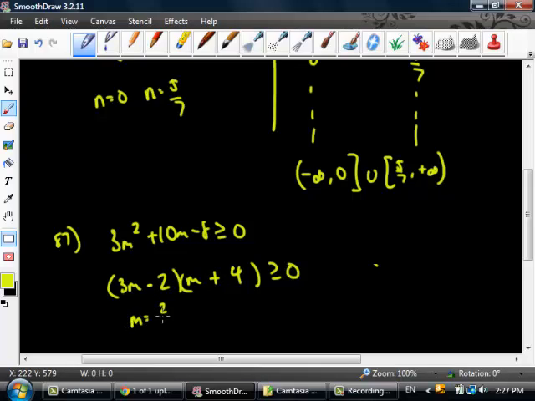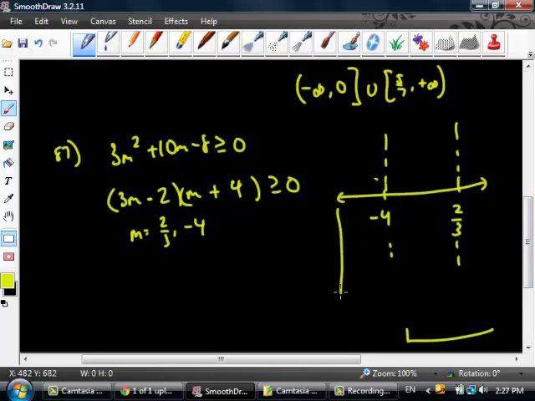So m equals 2/3 and -4. Those are my critical numbers in this function, so it's going to be -4, 2/3. That's going to be 3m minus 2, m plus 4. So I need a number smaller than -4, so that's going to give me negative, negative.